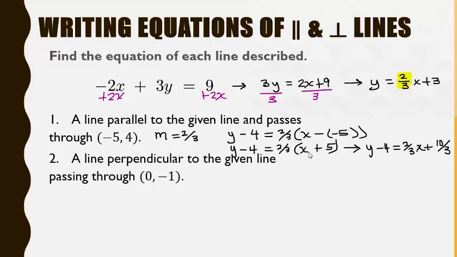Simplifying inside the parentheses, x minus -5 is x plus 5. Distribute the 2/3 to each of those terms, so that's 2/3 x plus 10/3, and then add 4 to both sides.